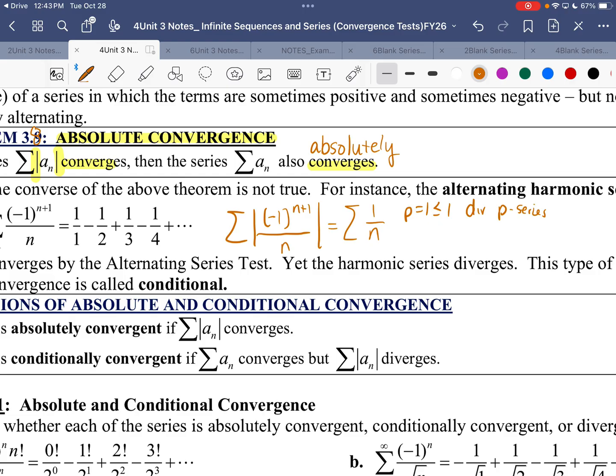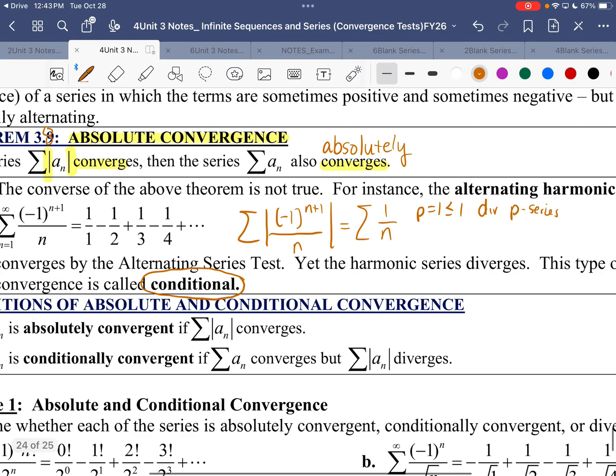So when this happens, when you are just looking at the absolute value of the function, without the -1 part, if you get that it diverges, then that's a conditional convergence. So it converges conditionally because you're only convergent because you're an alternating series.